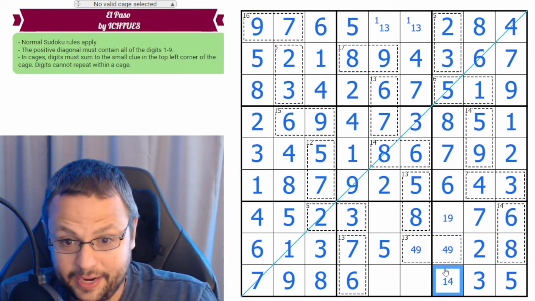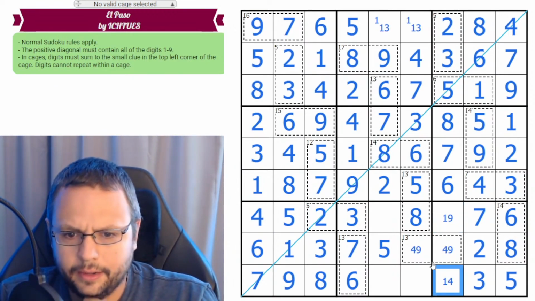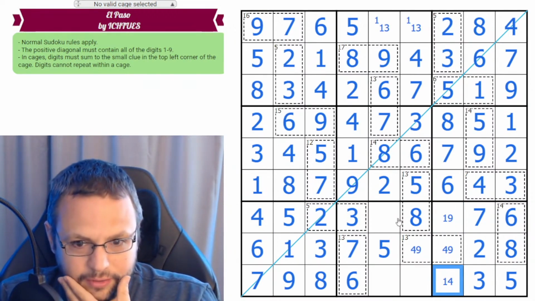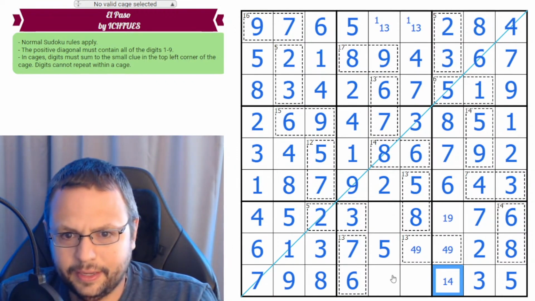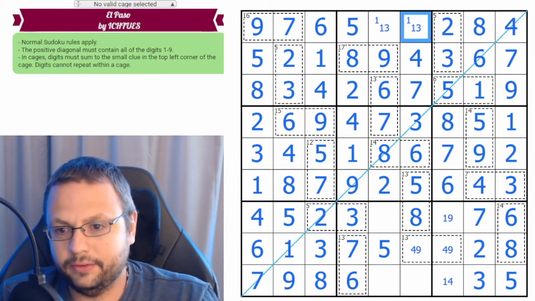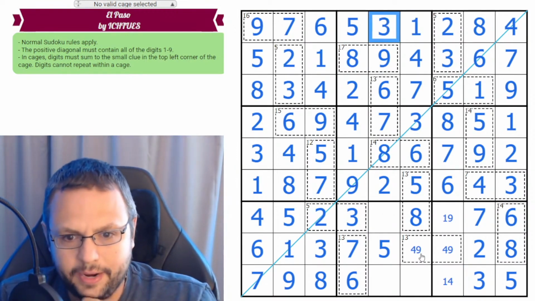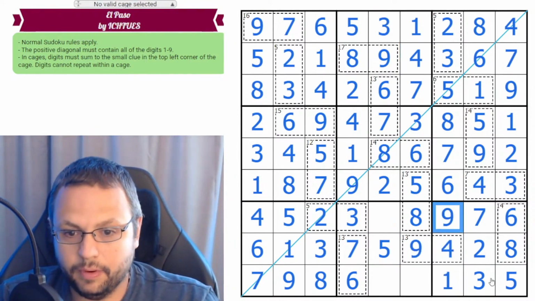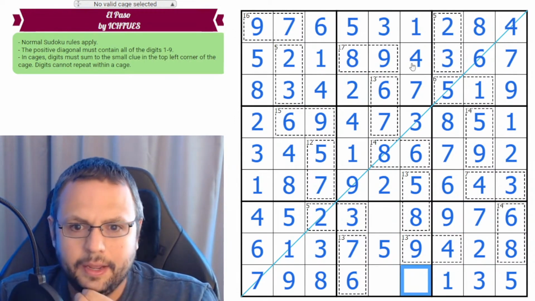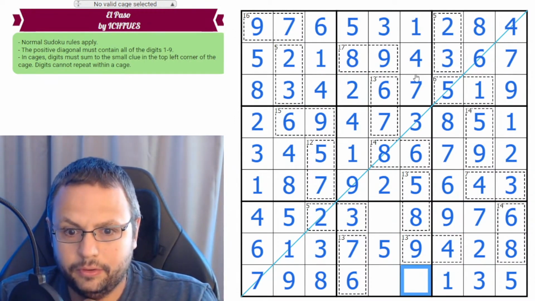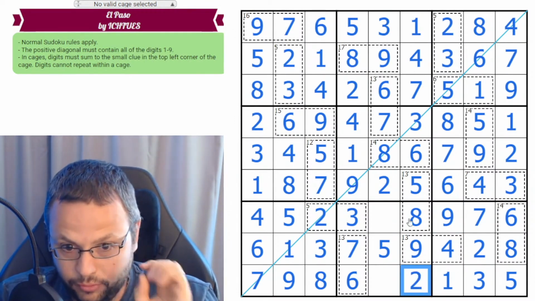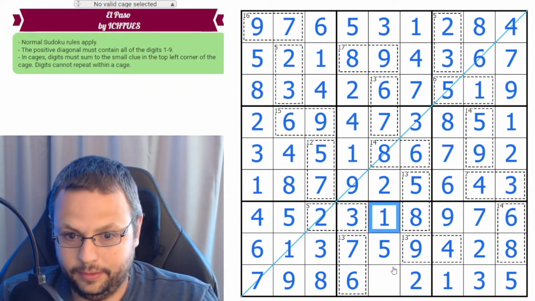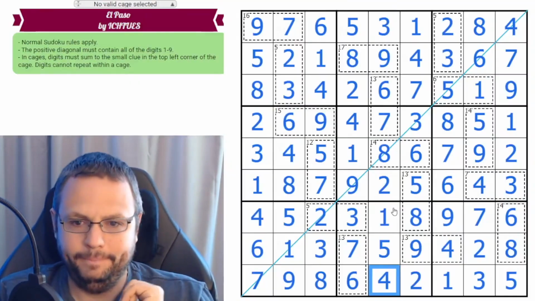This isn't a 9. So we are very close to getting this. That 3 looks up, gives me a 1 and a 3. That 4 looks down, gives me the 9 and the 4 and the 1 and the 9. So this is a 2. That's a 1. That's a 4.